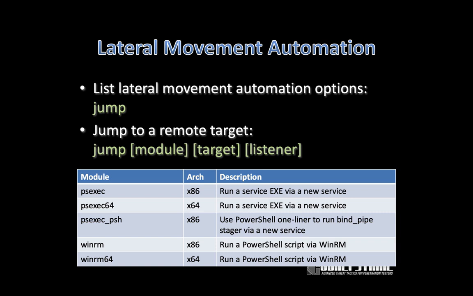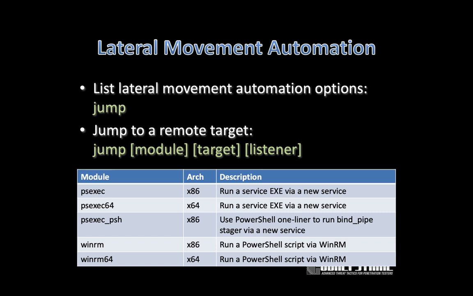There are several built-ins, for example, psexec to run a 32-bit service exe via a new service, psexec64 to do the same thing except with a 64-bit service exe, psexec PowerShell, which will use a PowerShell one-liner to run the bind pipe stager regardless of payload via a new service, and WinRM and WinRM64, which will both run a PowerShell script via WinRM that runs your entire payload.